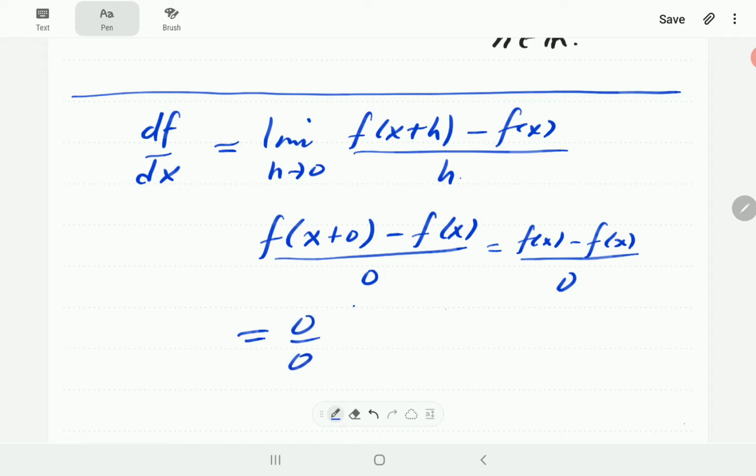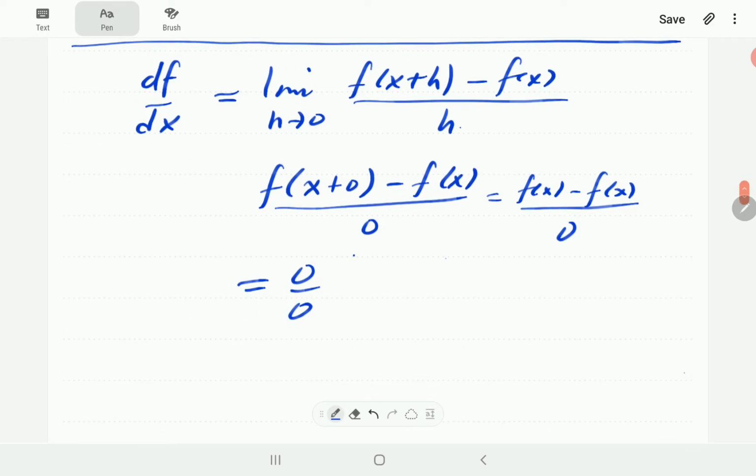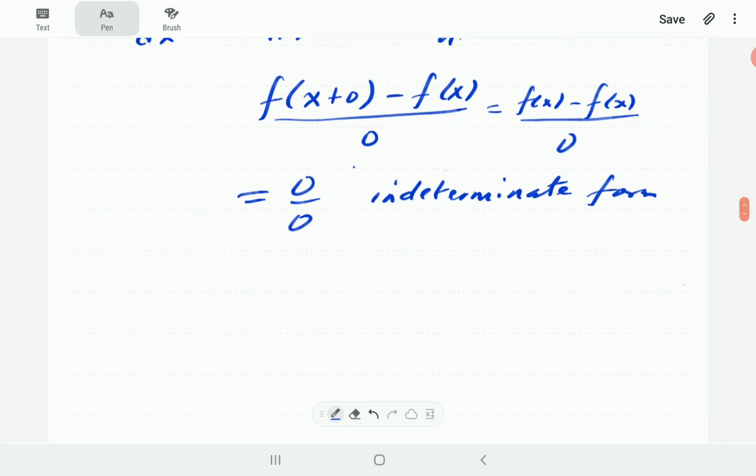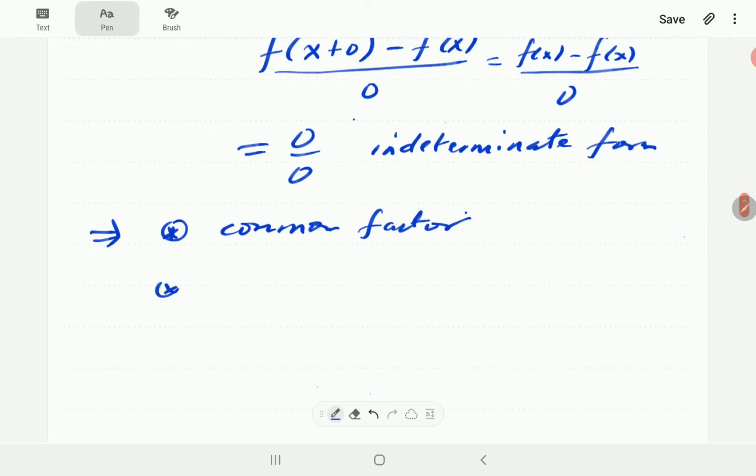So this is giving us 0 over 0, which we called the indeterminate form when we studied limits. Now we said whenever you get the indeterminate form, what it implies is that there is a common factor in the numerator and the denominator. So what you need to do is to simplify and factor out the common factor.